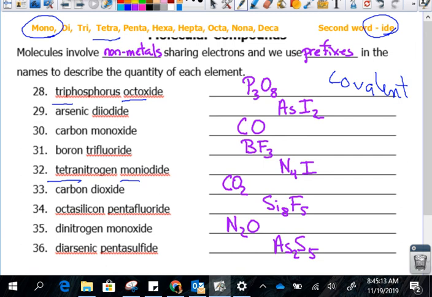If we wrote a real formula, then you should be able to draw a Lewis dot structure and be like, boron's in the middle, connected to 3 fluorines, with all the dots and stuff. These are following those rules, the octet rule, and things like that. You don't need to worry about charges because they're sharing electrons.